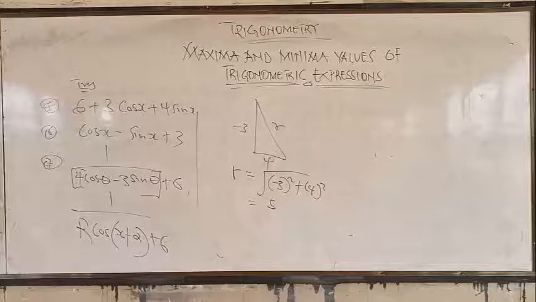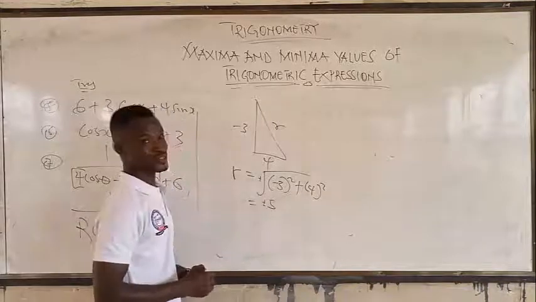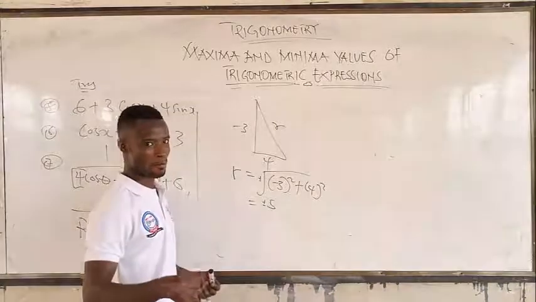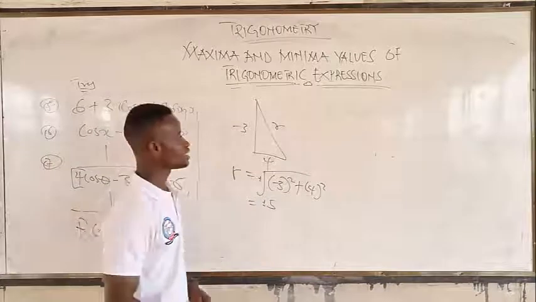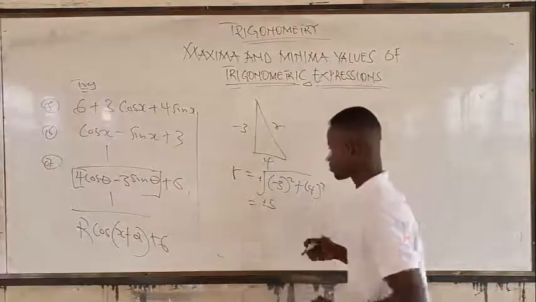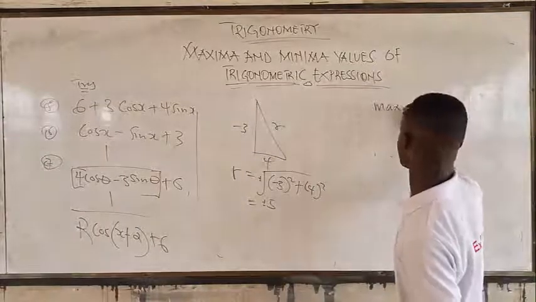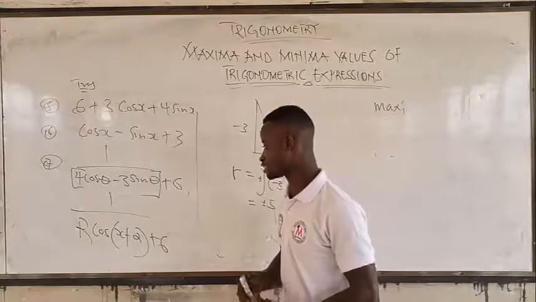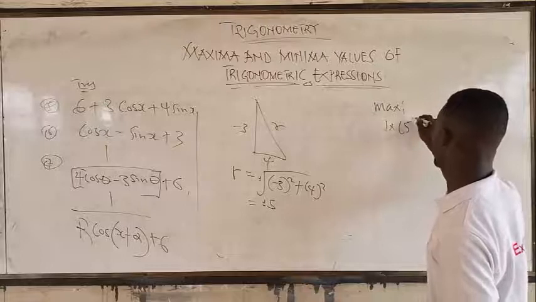Very good. So, don't forget, when you take the square root, it's plus or minus. So for it to be maximum, it will be positive. For it to be minimum, it will be negative. For the maximum, with the vertical shift there, you multiply 1 by the 5.